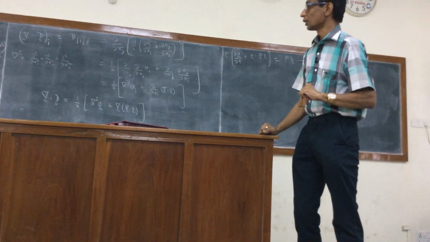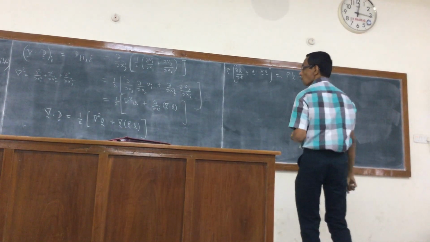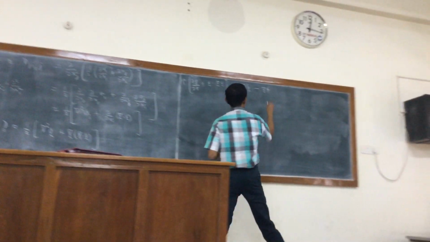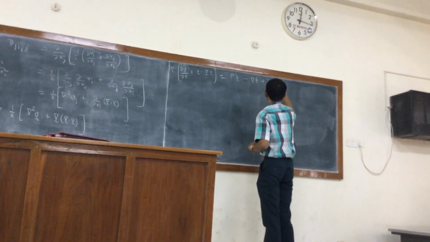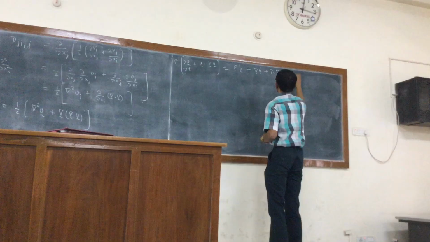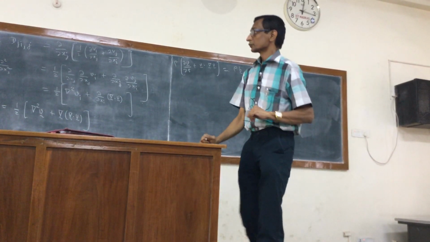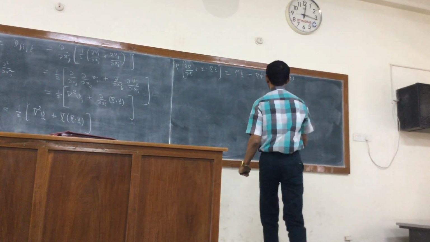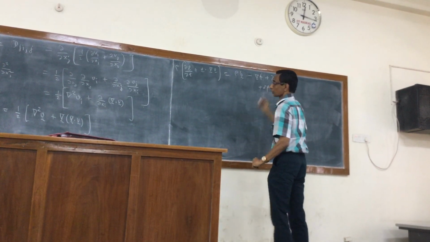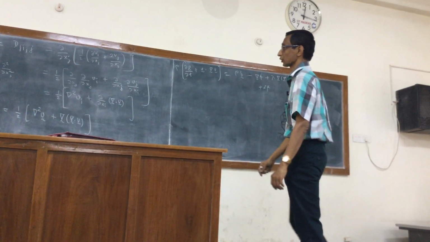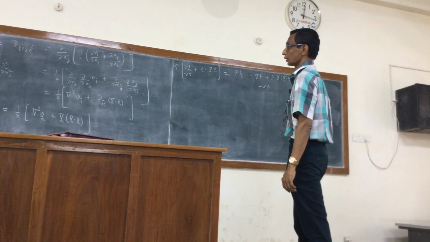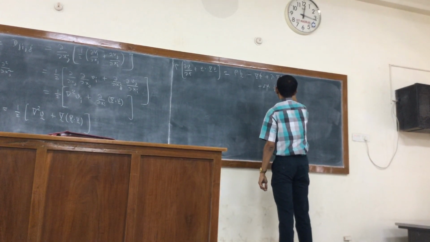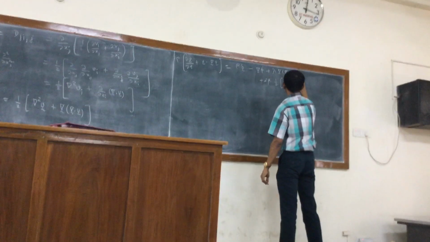That will be the first term, and then we get, maintaining lambda to be a constant, plus 2 times the dynamic viscosity times the divergence of D, which is half times the Laplacian of v plus the gradient of the divergence.